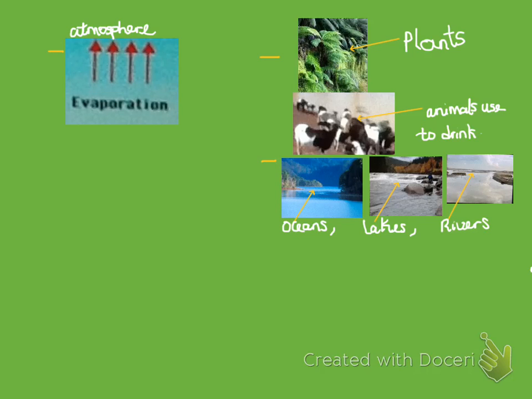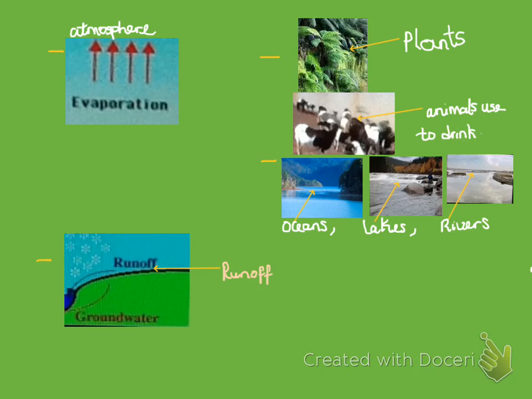The balance of water that remains on the Earth's surface is runoff, which empties into lakes and rivers and is later carried back to oceans, where the cycle begins again.